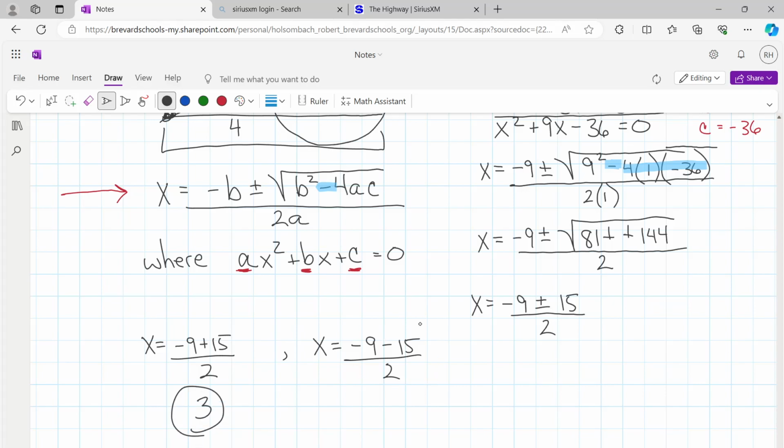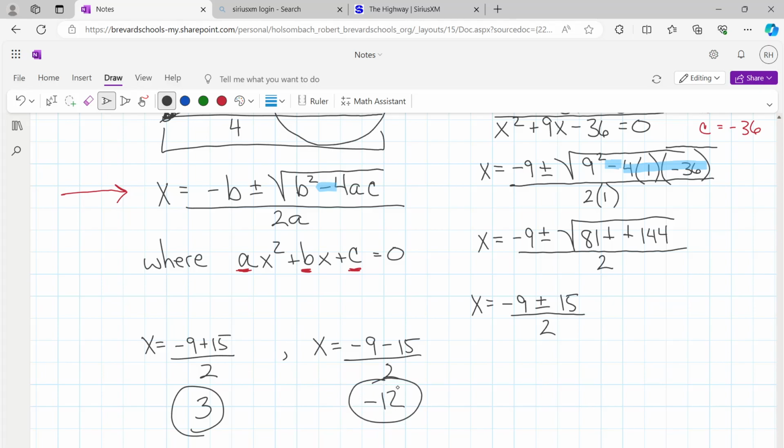And this second value of x that would make this trinomial true is negative 9 minus 15, which is negative 21. I'm sorry, negative 24. So negative 24 divided by 2. Our other value of x that would make the equation true is negative 12.